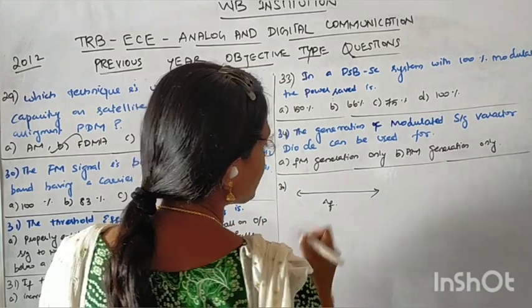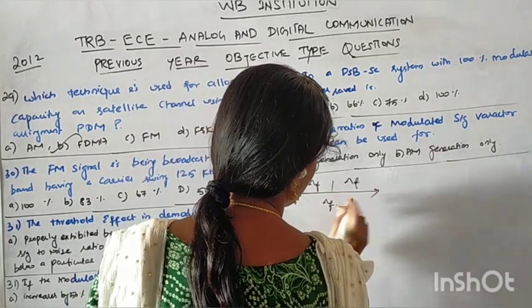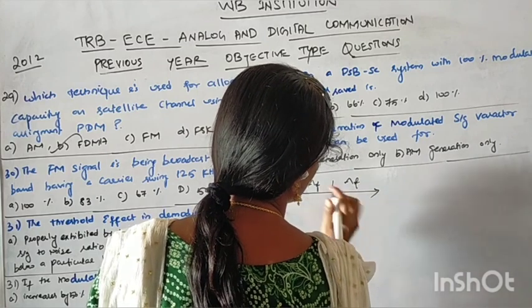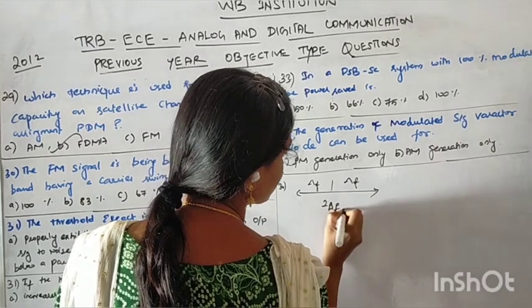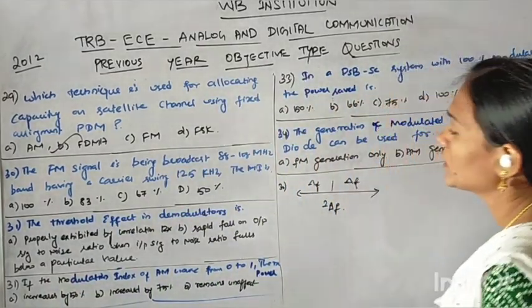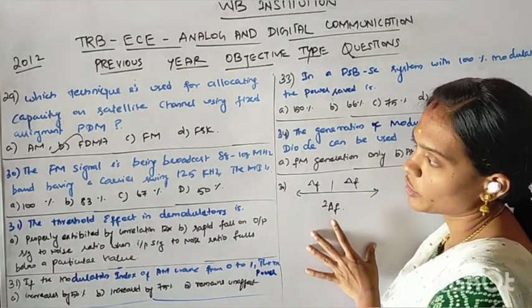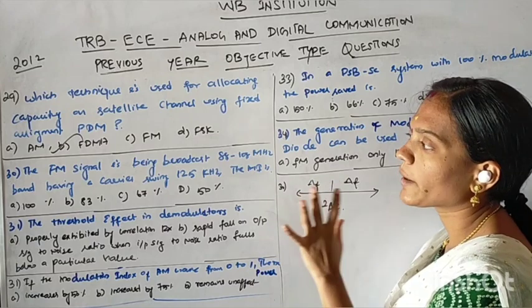So this is the frequency of the FM signal, del f, 2 del f. This is considered as 2 del f. Its value is given as 88 to 108 megahertz.